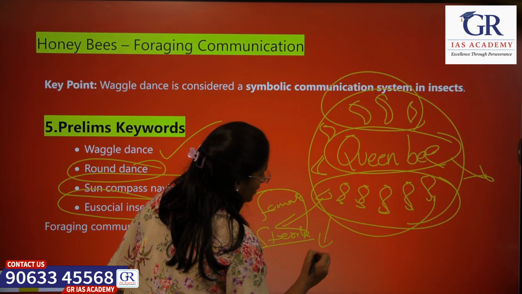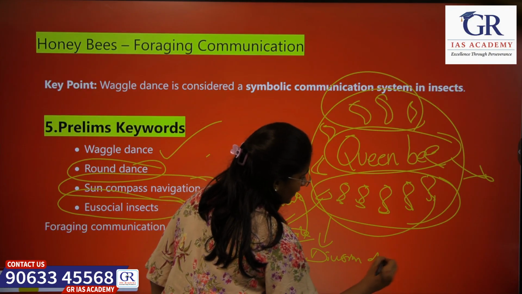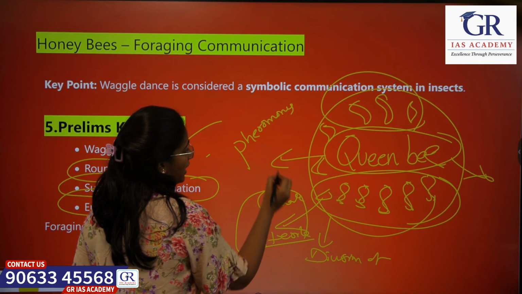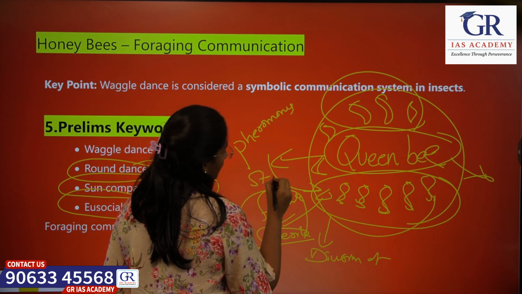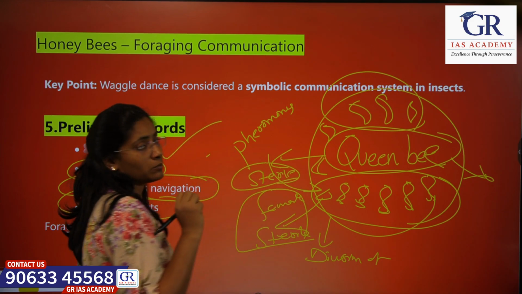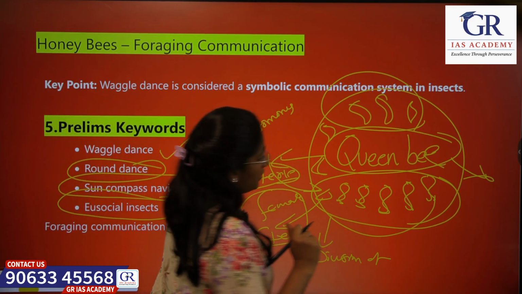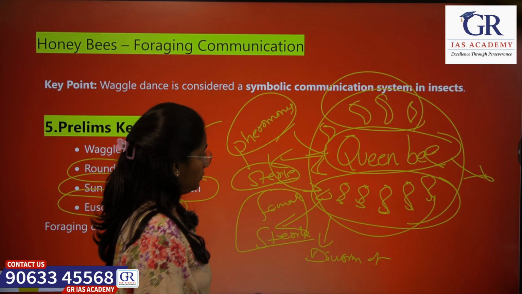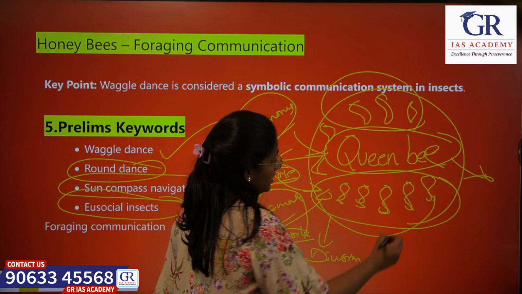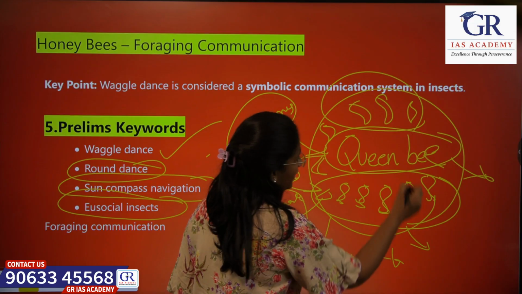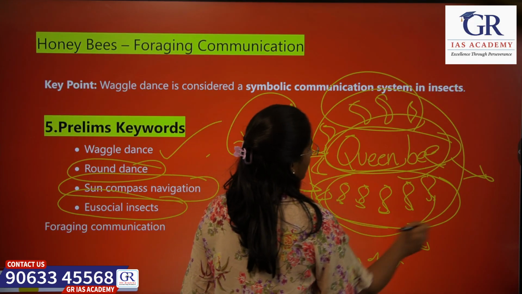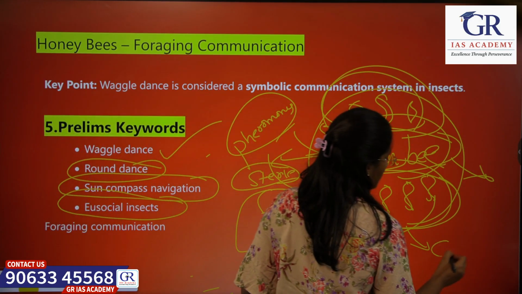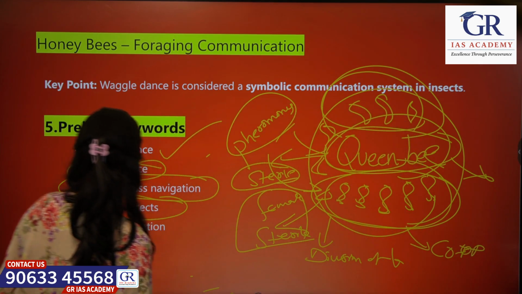So there is a clear-cut division of labor, and the queen bee secretes pheromones which make these worker bees sterile. If any worker bee were to give birth to other bees, it would become sterile because of the pheromones secreted by the queen bee. So this is the mechanism, and then this division of labor and cooperative brooding, because the queen bee reproduces and all these female worker bees help the queen bee to reproduce. This cooperative brooding behavior, everything is called eusocial behavior.